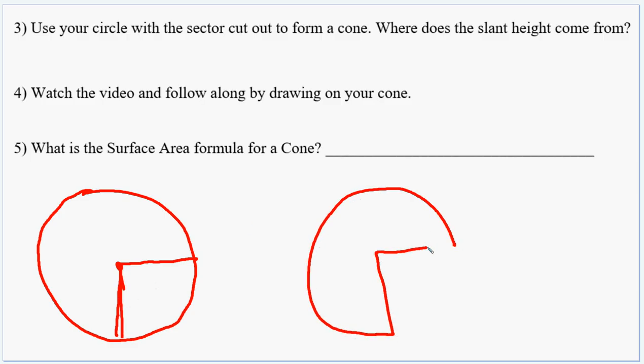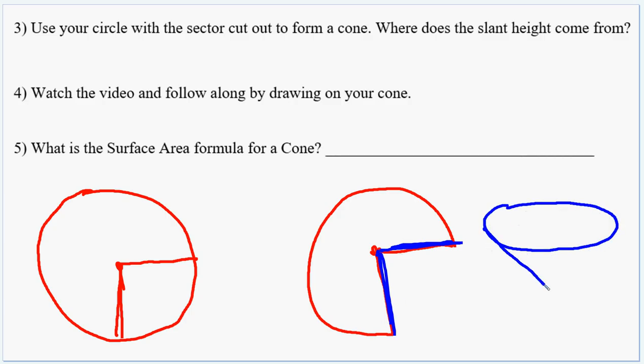So when we have something like this, we could then take these straight edges, pull this straight edge over to this straight edge, and I'm going to sort of try to draw that. That would turn this into a cone. Let's say that the straight edges, these blue straight edges here, turned into this red line where they connected.